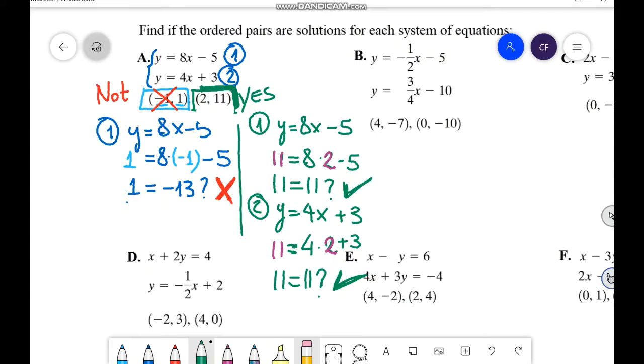And tomorrow, this is one way of doing this. Tomorrow, I'm going to show other methods that are going to be more straightforward, easier to find the answers. You just need to be careful to plug in the right places, and that's it.